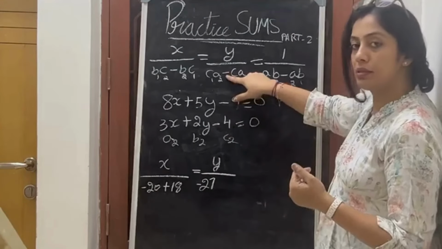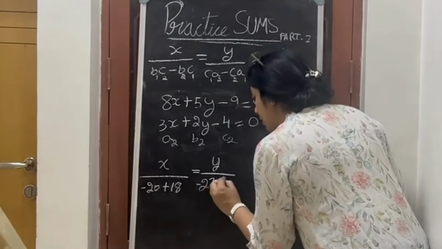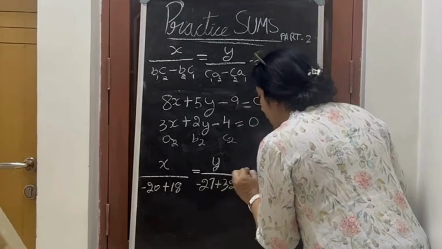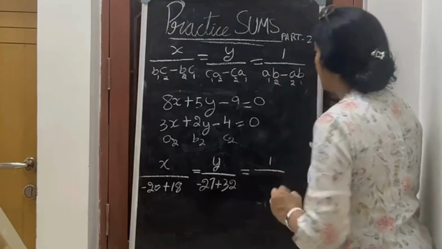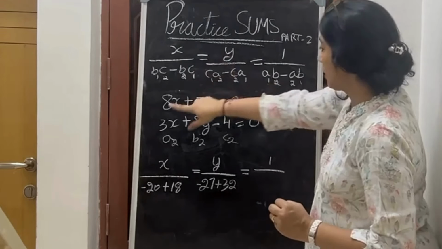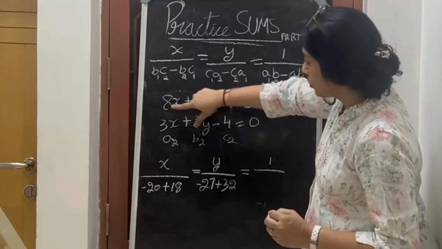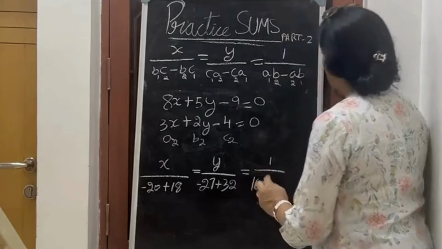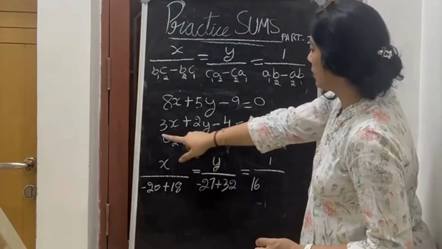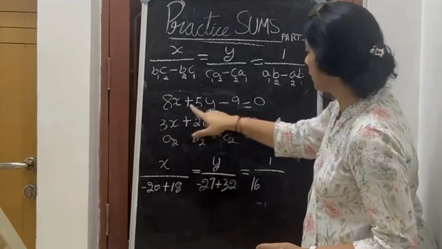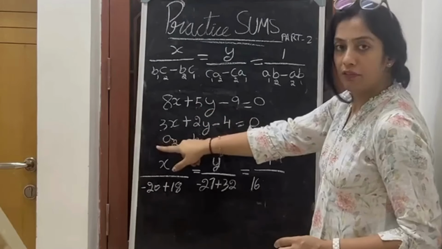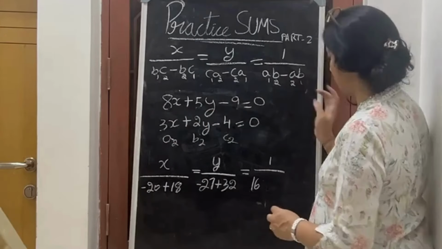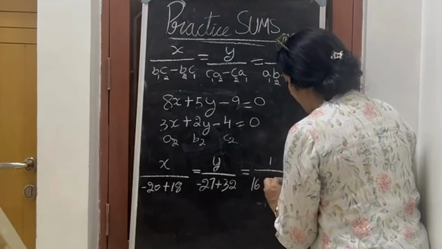Minus 32 into minus is plus 32. Plus 32 equals 1 by A1B2. A1 is 8, B2 is 2. So 2 8s are 16. This will be 16. Then A2 is 3, B1 is 5. 5 3s are 15. Plus into minus, minus 15.